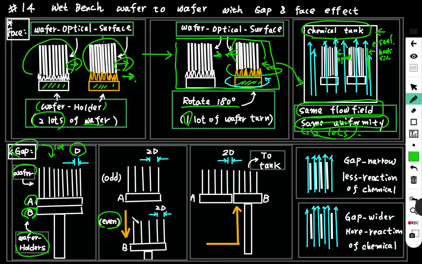Even number, number 2, number 4, number 6, number 8, number 10, down. And the A wafer holder left the odd number of the wafer, number 1, number 3, number 5, number 7, number 9.